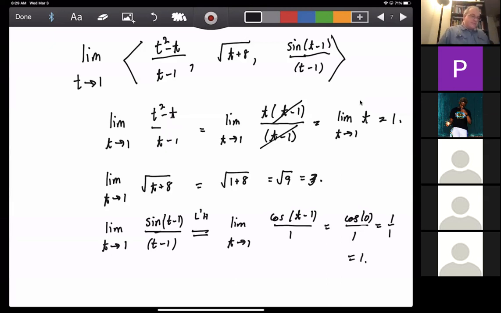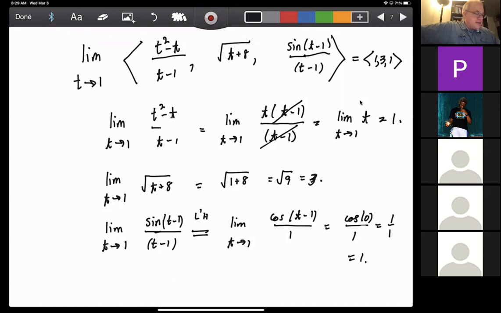Okay, so it turns out in this case that each component limit exists, so we can evaluate, and the limiting value of the vector function here: first component is 1, second component is 3, third component is 1. Okay, so just like with continuity, you look at each of the component limits.